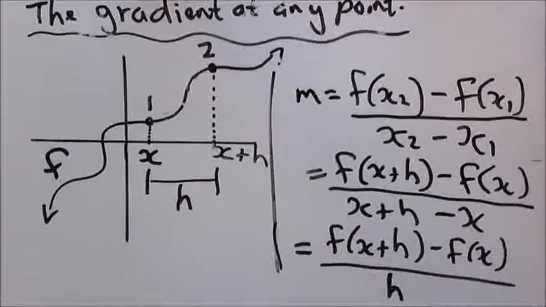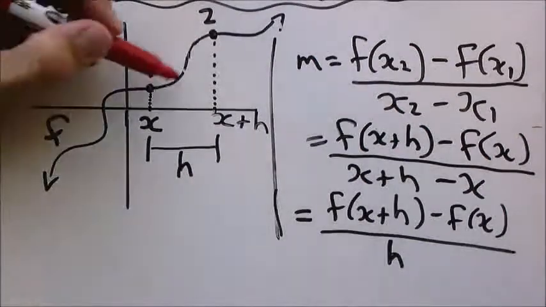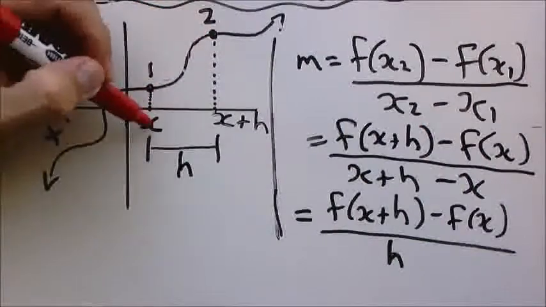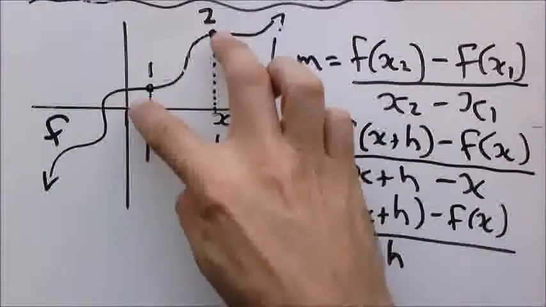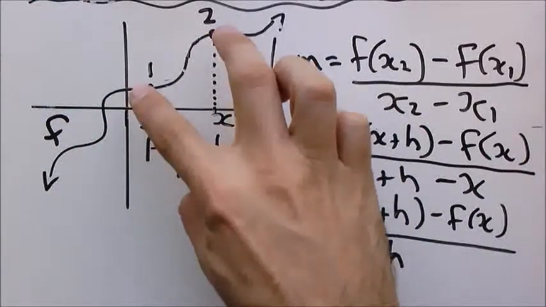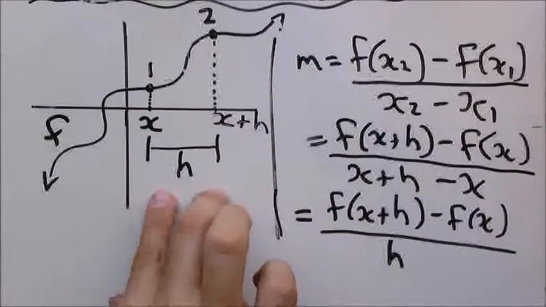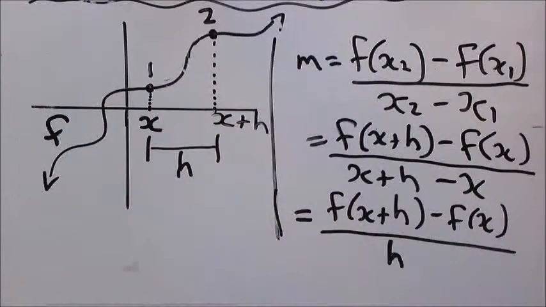And this is where the challenge comes in, okay? Because if we want the gradient at a specific point, like what I've explained with the tangent, right? We can currently get the average gradient between point 1 and point 2, right? But if we close the distance h to 0, then x1 and x2 will be the same coordinate, right?